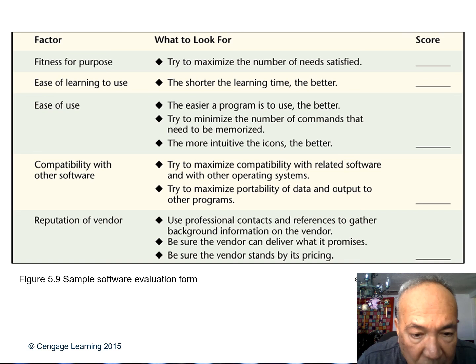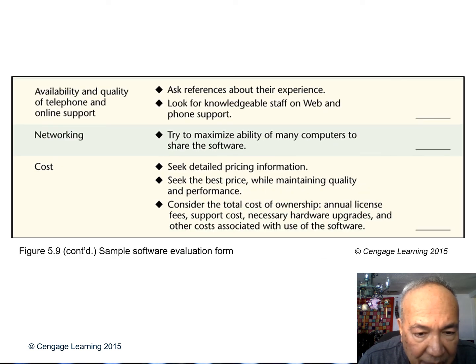So here is what to look for: fitness of purpose, ease of learning to use, compatibility with other software, and reputation of the vendors. Some of them are crooks. Also availability and quality of telephone and online support, networking, and the cost, if you're going to buy proprietary programs, where proprietary means there's an owner and you buy it.